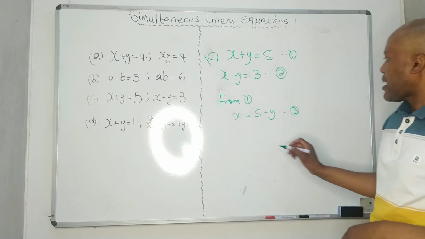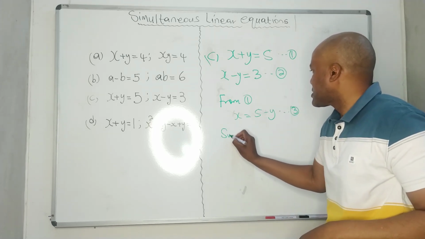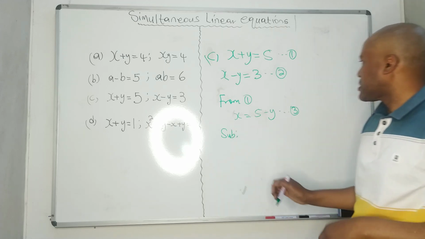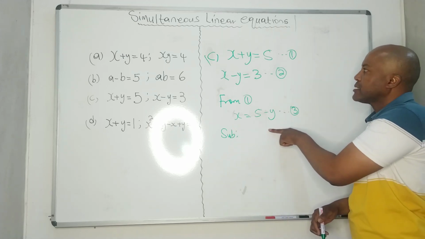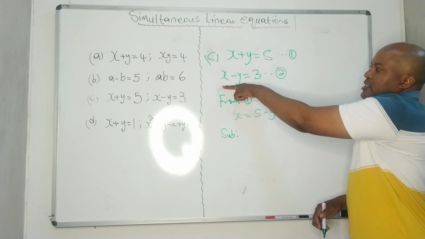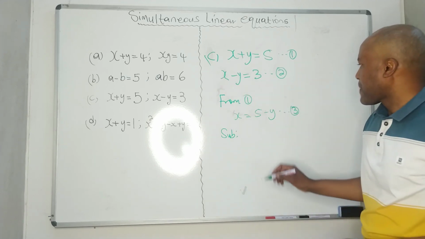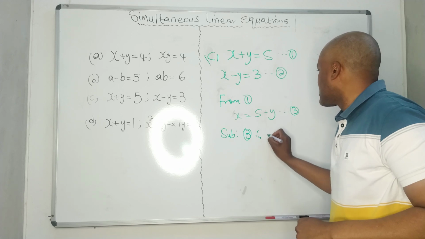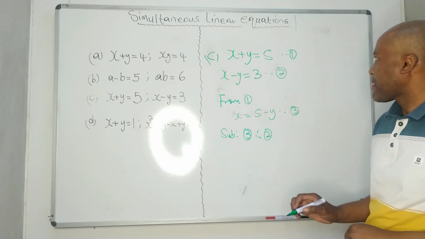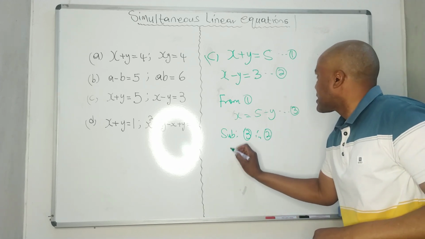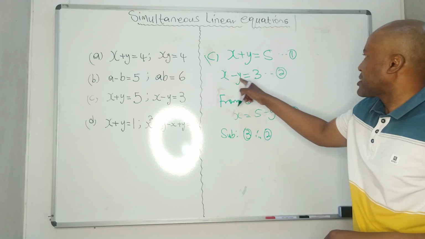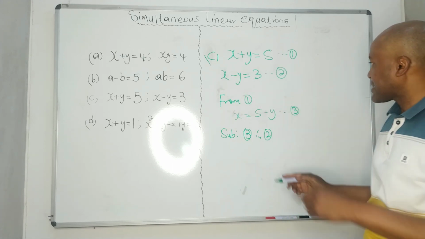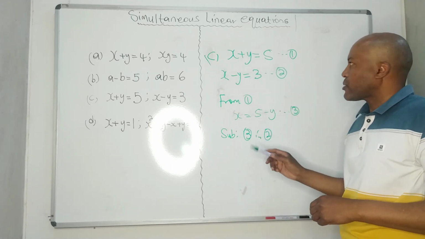So now I'm going to substitute equation 3 in equation 2. So equation 2 says x minus y equals to 3. But x is 5 minus y.